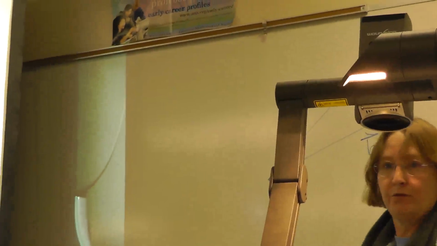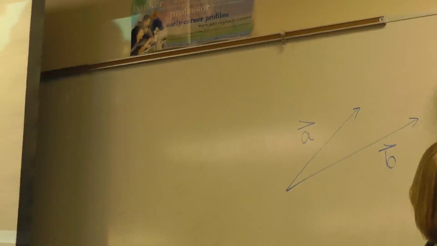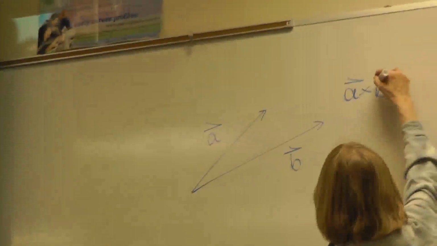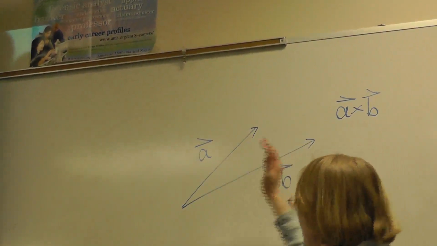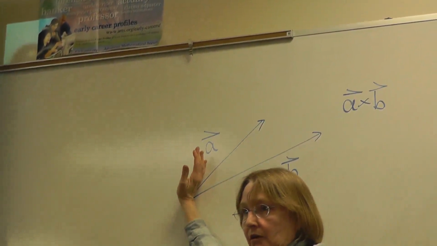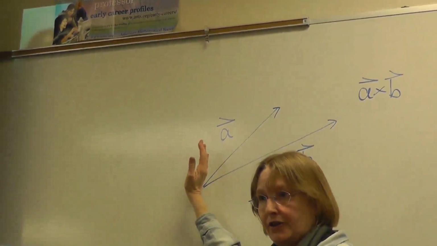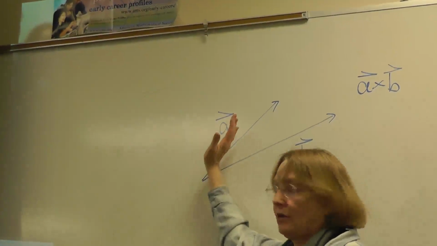I'm going to look at A cross B. With your right hand, I'm going to line my hand up with my fingers pointing in the direction of A. I can do that in one of two ways.